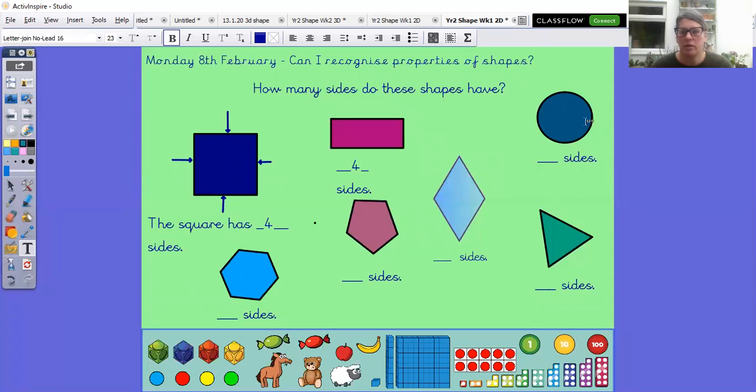Now what about this one? This circle, how many sides do you think that has? Well, the circle has just one that goes all the way around it. So we can put a 1 in there. Now how about this one? We start at the top, we can count 1, 2, 3, 4, 5, 6 sides.